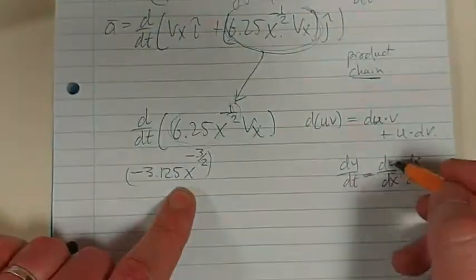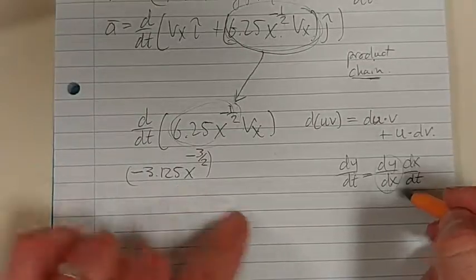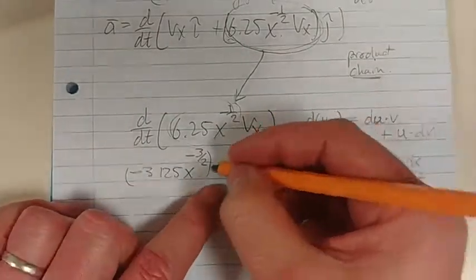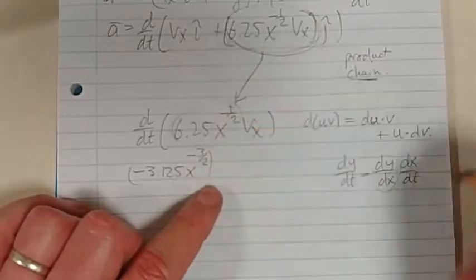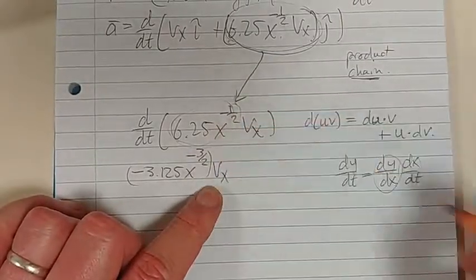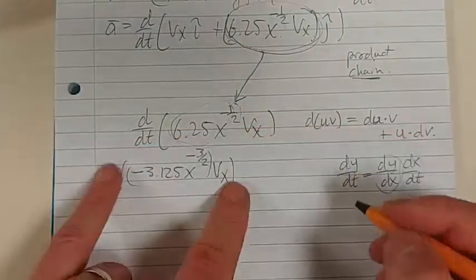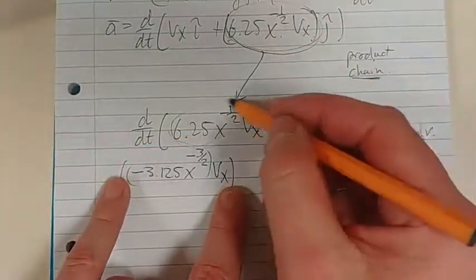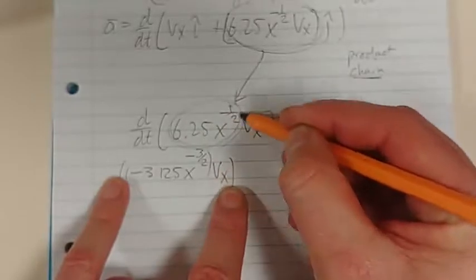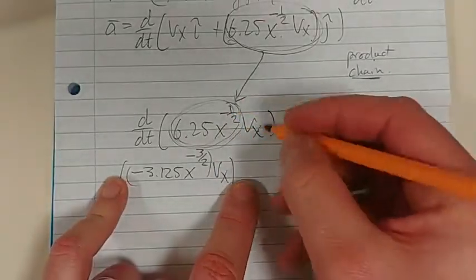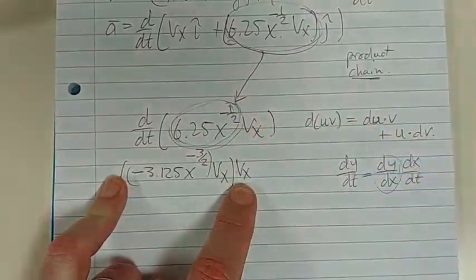That's just that first term, dy/dx. Then I need to put in dx/dt as well, which is Vx. Now that is just the first term. Then I need to put in the second term as well.